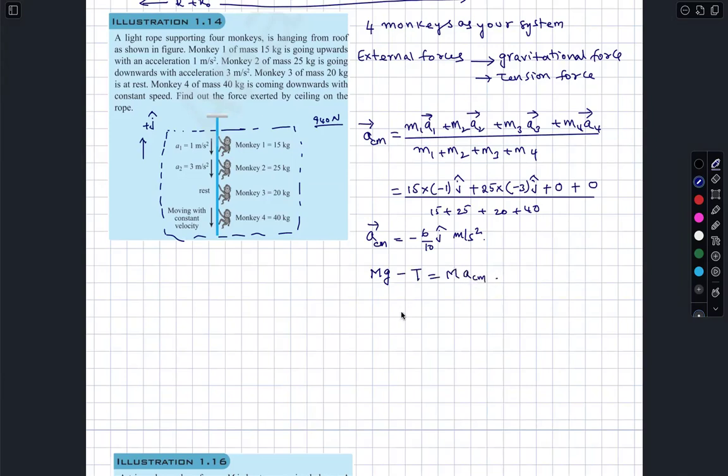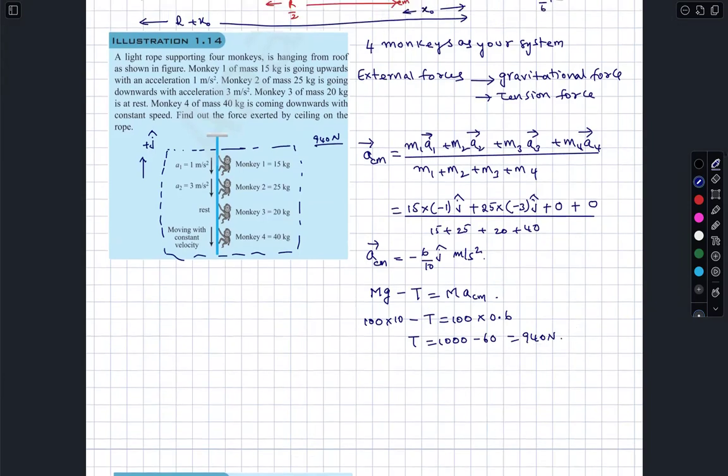Here mg, the total is 100 into 10, minus T is MACM, 100 times 0.6. So tension is 1000 minus 60, which is 940 newtons.